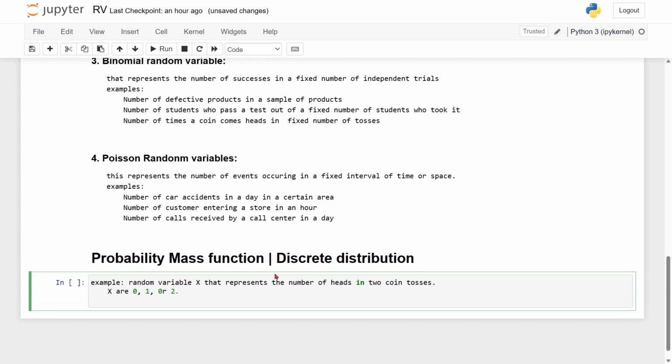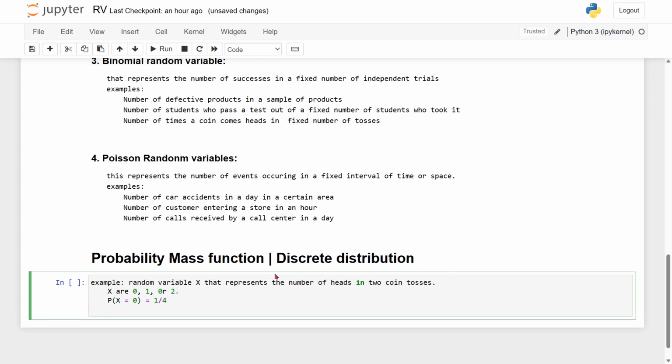So the PMF for capital X, because our random variable is X, is P of X. First value is 0: P of X equals 0, then the probability is 1 divided by 4.